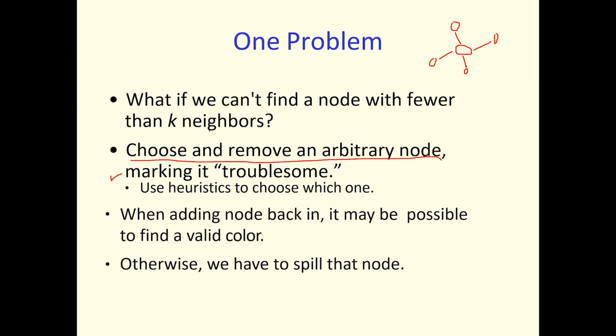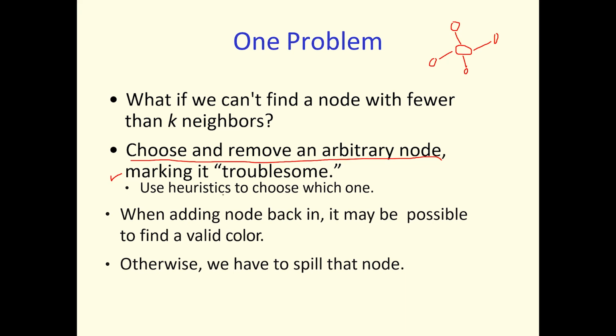You can still be lucky. When we come back, you might find that all neighbors have the same color, so then you can give it another color. However, these are all heuristics, so it may or may not work. It may work for one possible choice, it may not work for another possible choice, and so on. So we'll see those examples quickly. I am kind of running out of time, but I will show those things.